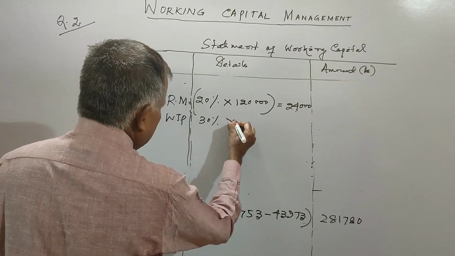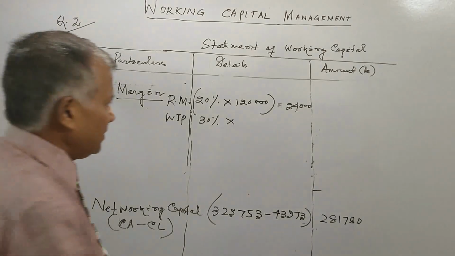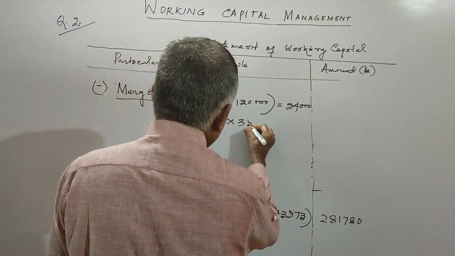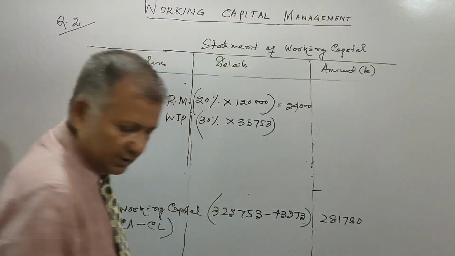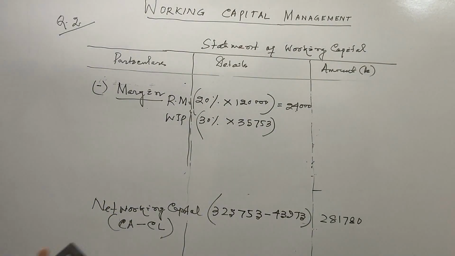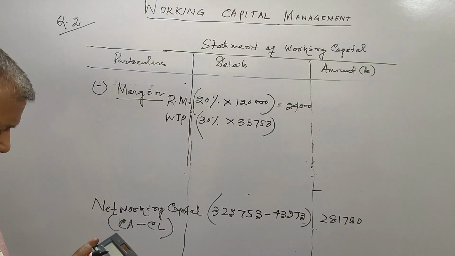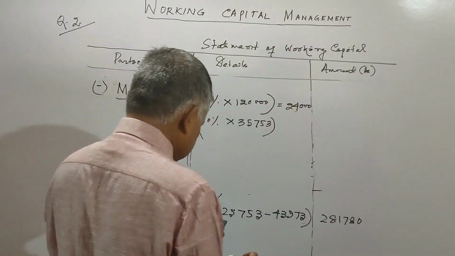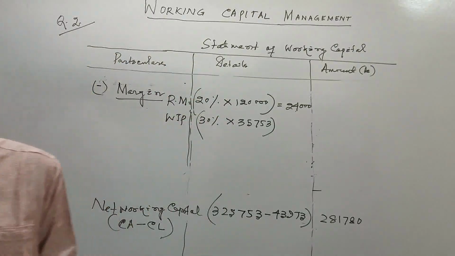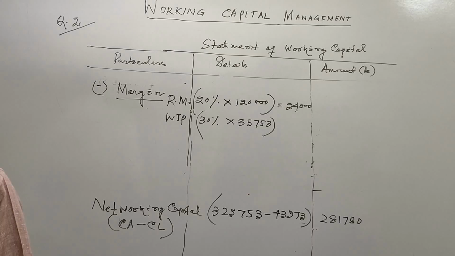In the question they have given you, the work in progress is 35,753. So it comes to 35,753 into 30%, 10,726.